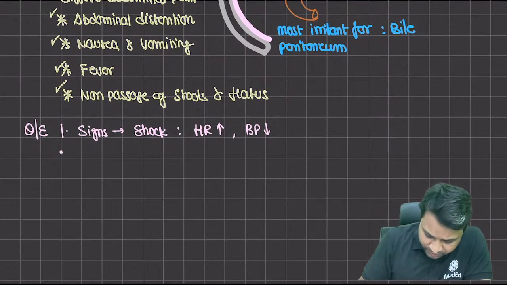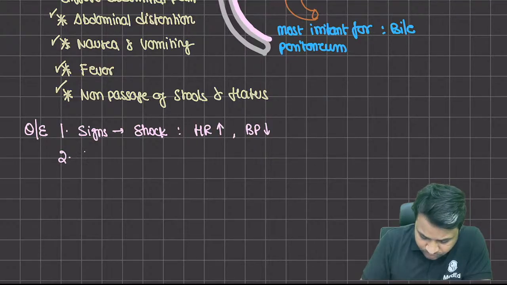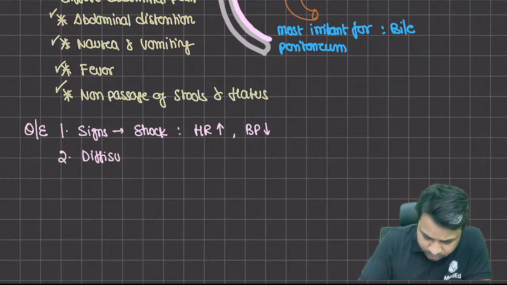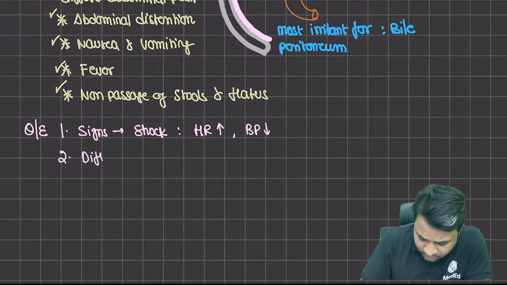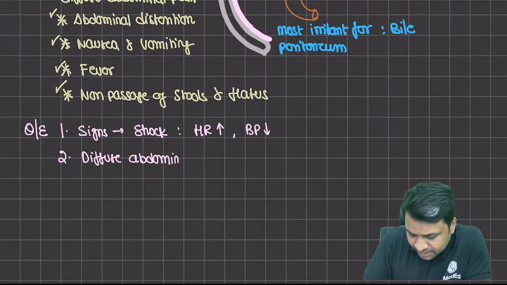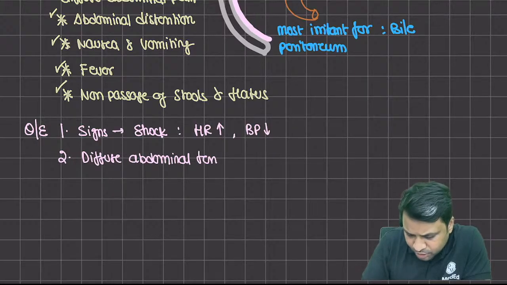Apart from that, when you evaluate, there is diffuse abdominal tenderness. That means the entire abdomen, wherever you touch, he won't let you touch it.